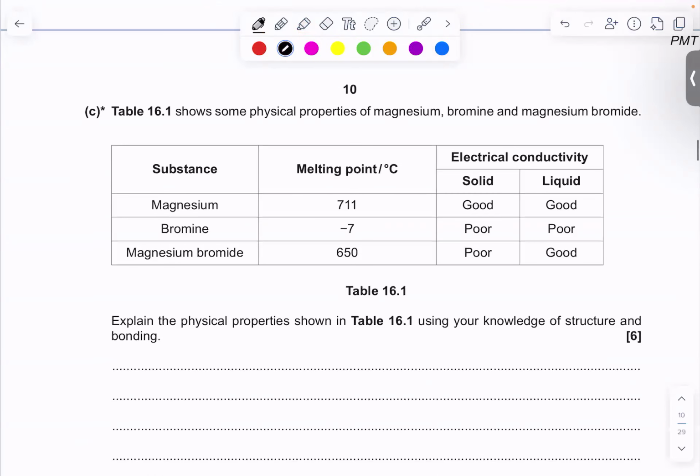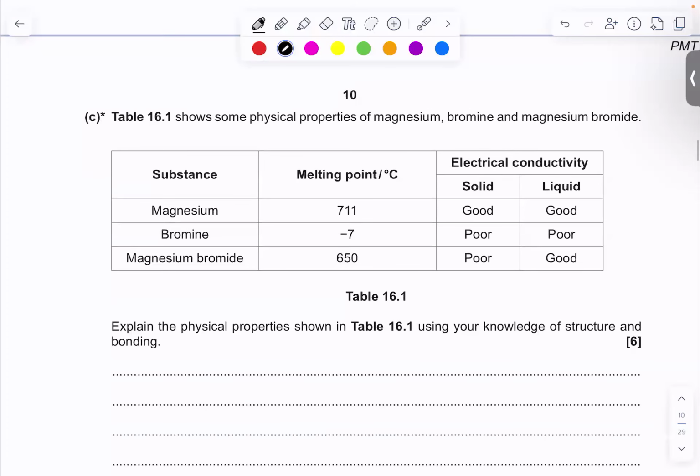All right, this one. Table 16.1 shows some physical properties of magnesium, bromine and magnesium bromide. Substances are given, their melting points are given, the electrical conductivity is given, right? The melting point of magnesium is the highest, then comes magnesium bromide, and bromine is the least.